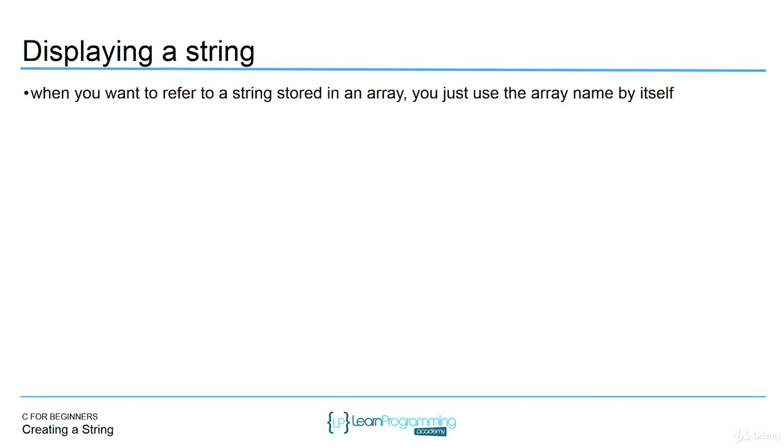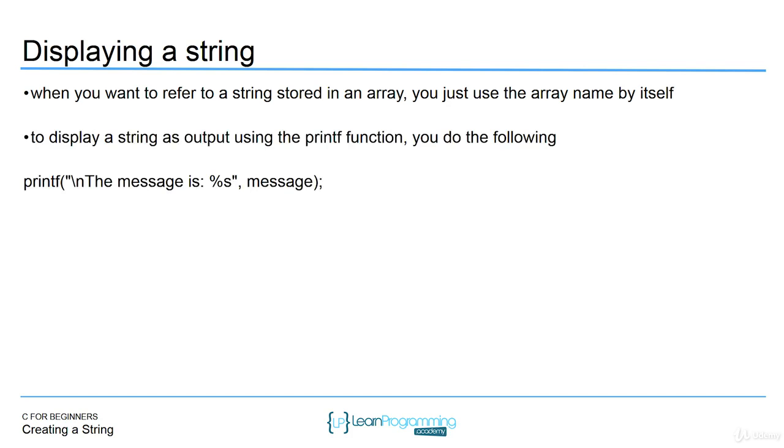As far as displaying a string as output, we're still going to use the printf function. When you want to refer to a string anywhere in your program, you just use the array name by itself. You don't have to specify indices, because an index inside the array is going to specify a single character. If you want the entire string, you just use the array name. So if you're using the printf function to display output, inside the double quotes you would use %s as your format specifier, and then just the name of the character array.